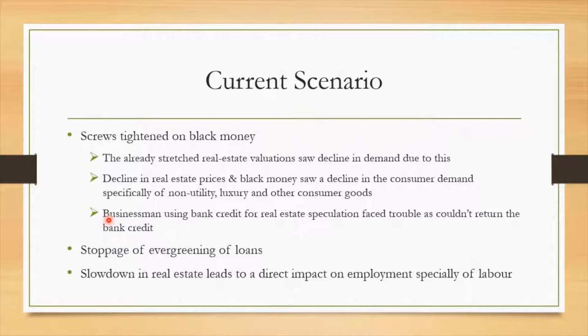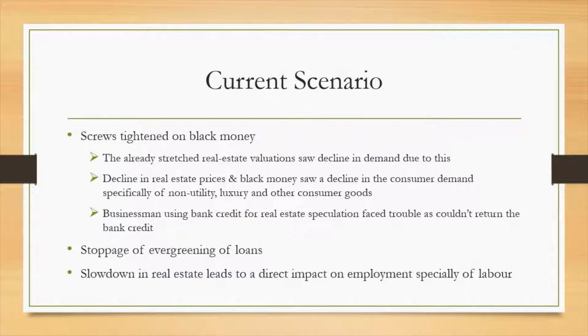Also, we have seen a lot of businessmen who take bank credit, loans from the banks, for business purposes, in creating something productive, in producing goods or delivering productive services. However, during this real estate frenzy, we did observe that a lot of these businessmen have used bank credit essentially for real estate speculation.